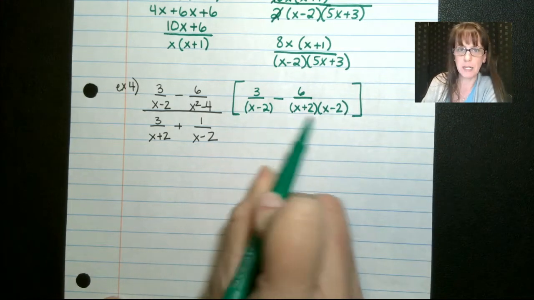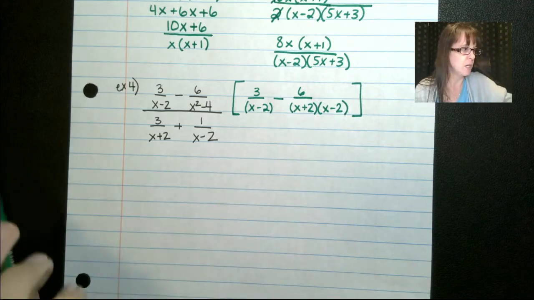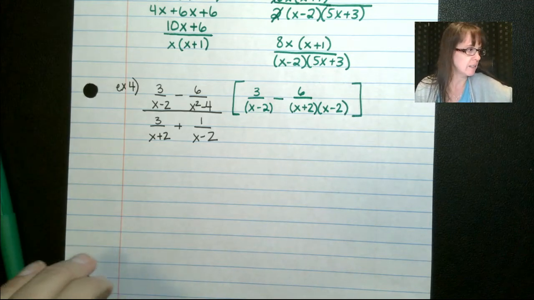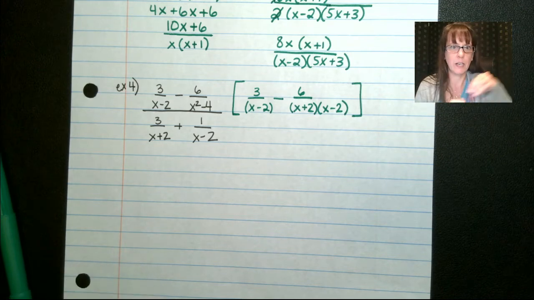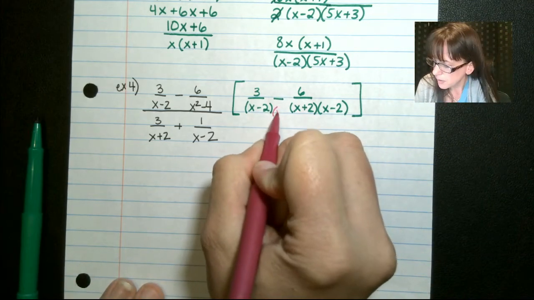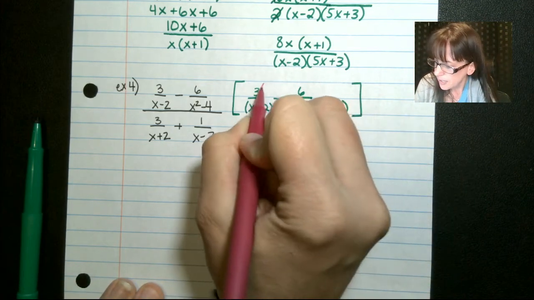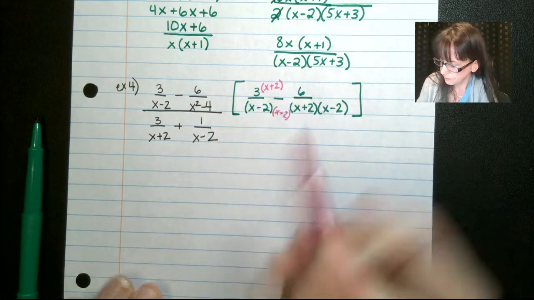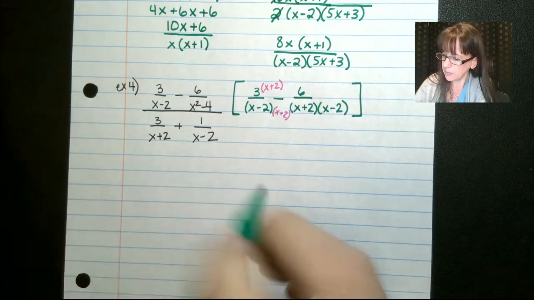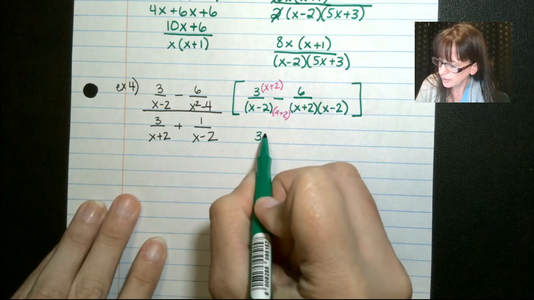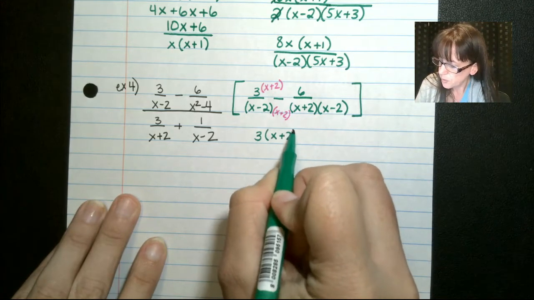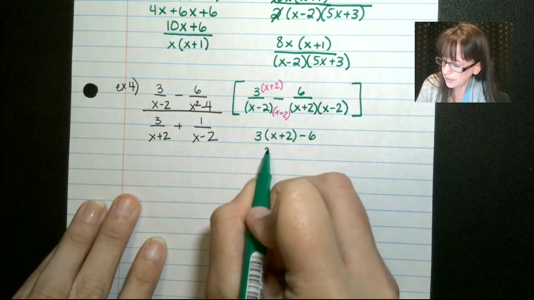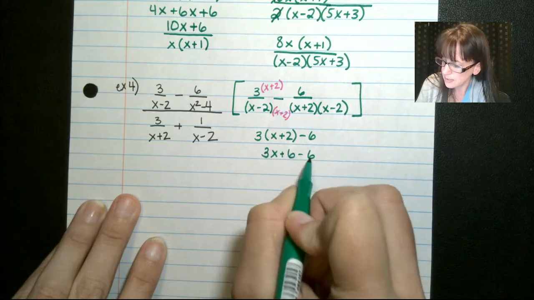My common denominator here is x plus 2, x minus 2. So I'm going to do x plus 2 here, x plus 2 here. So what I have now in this part of it is the 3 times x plus 2 minus 6. Let's go ahead and simplify that. 3x plus 6 minus 6.